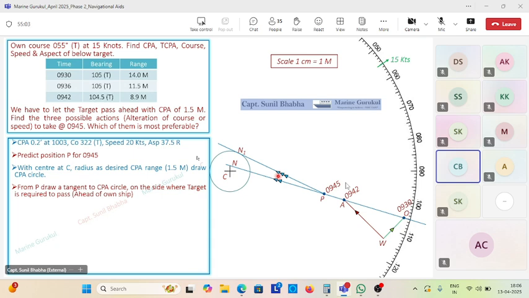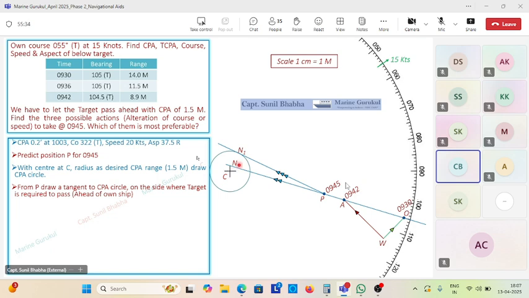Now there is one more possibility of drawing a tangent. We can draw a tangent from point P onto this circle in this particular way also. Now why have we picked up the tangent PN1 and not the other tangent? Reason for that is, in the question it is mentioned we have to let the target pass ahead of us. Our ship is steering a course of 055.